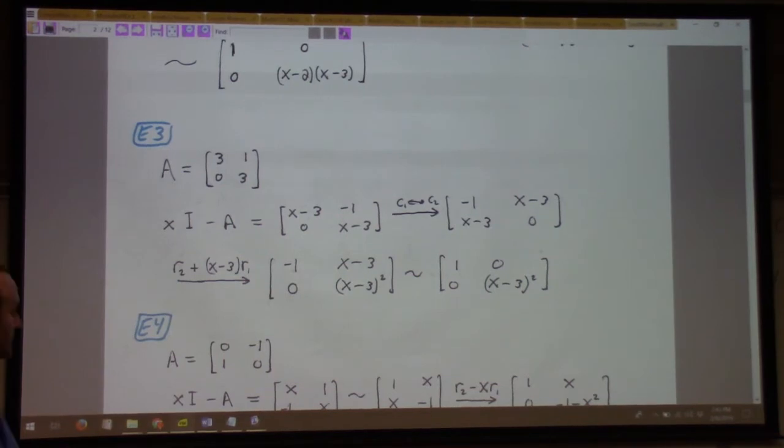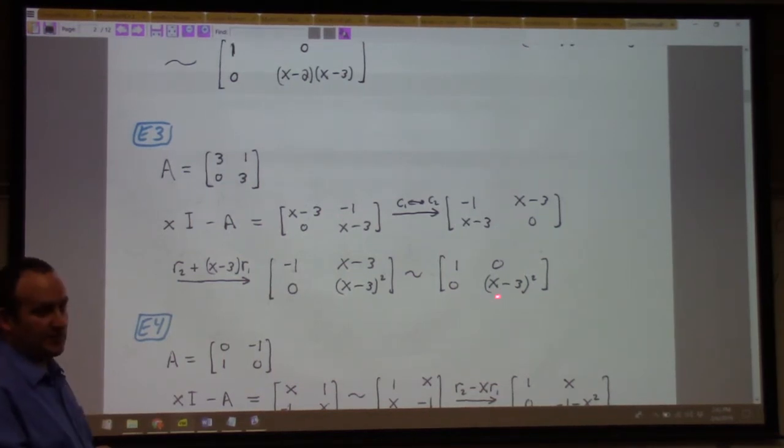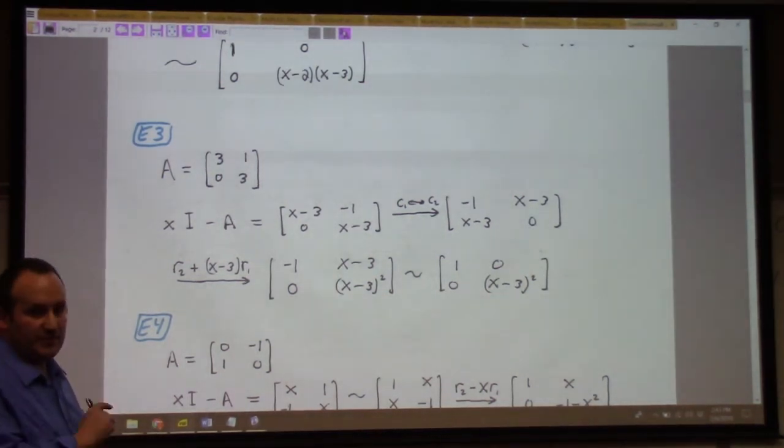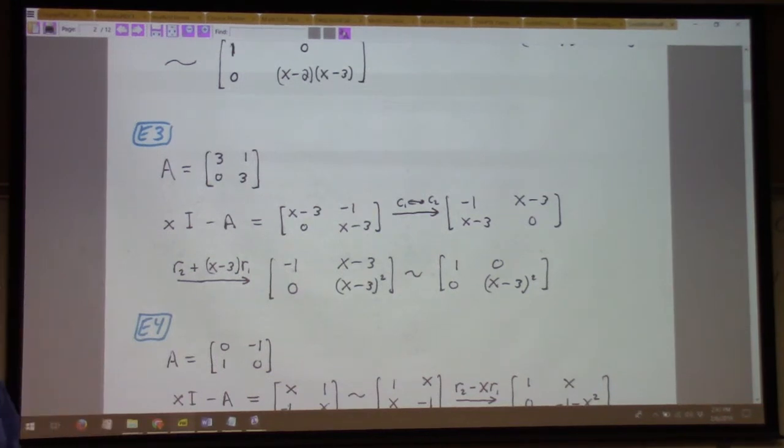But this one is not diagonalizable. Diagonalizable means that, among other things, the minimal polynomial will not have a repeated factor. That's a theorem. So I'm just making sure these equivalent statements are still, in a way, row operations. You multiply the top row by minus 1, and then do a column operation where you subtract x minus 3 times column 1 from column 2.